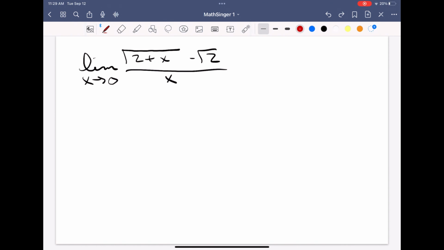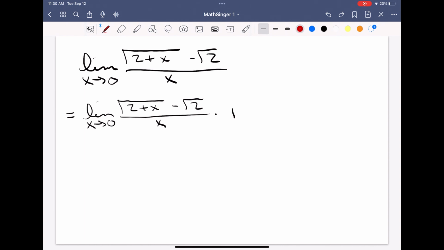A common way of doing that in a situation like this is to multiply by the conjugate of the expression that has the x under the radical sign. So we will copy down the limit as we've written it, and then we're going to multiply this entire expression by the number 1, which does not change the value of the function.